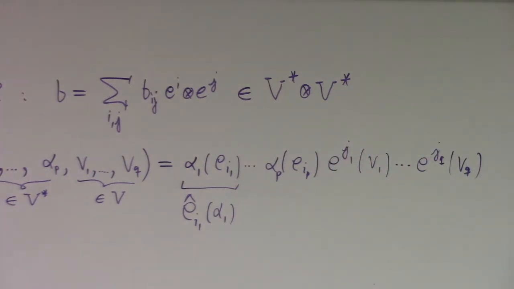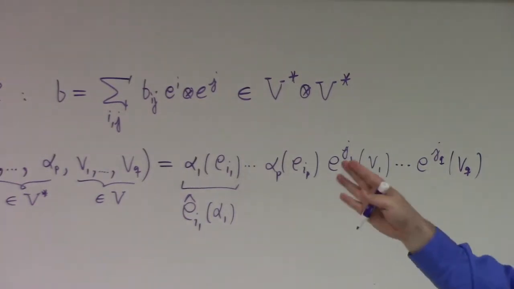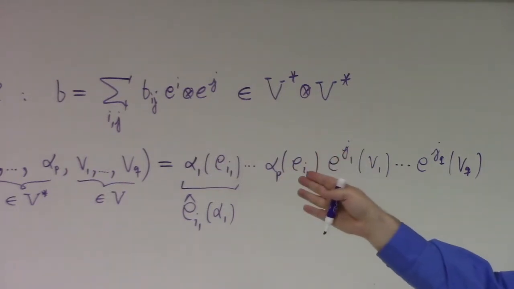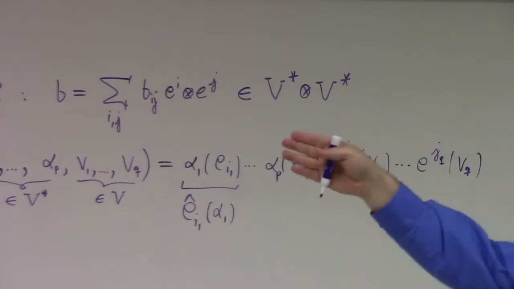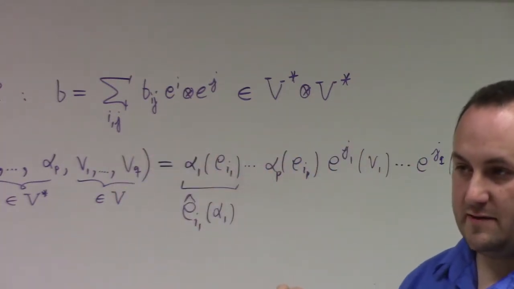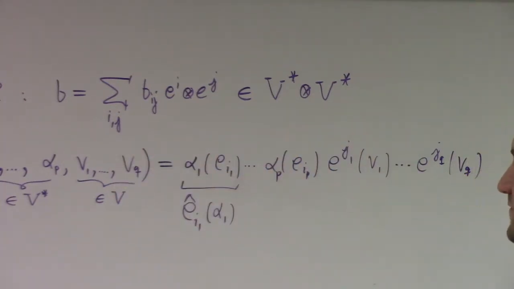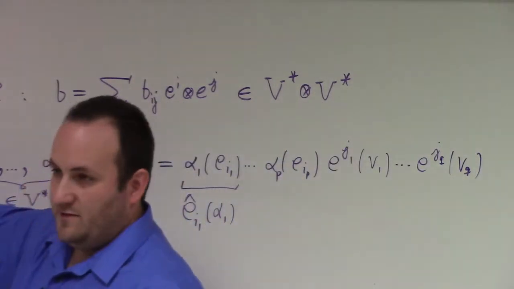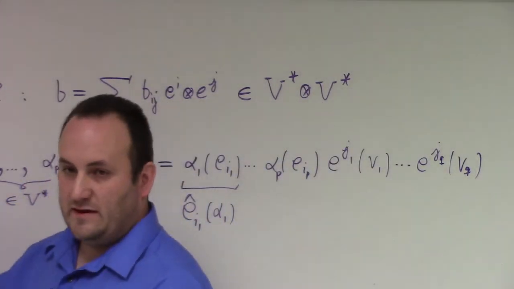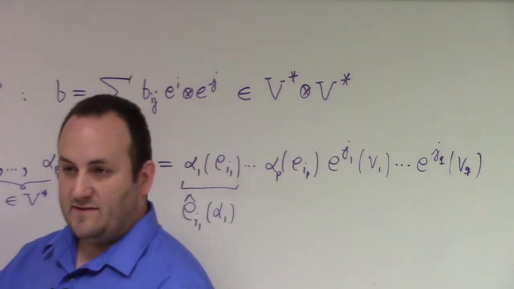Now, my big claim is that if you take the set of all such tensor products of basis elements and dual basis elements, those give you a basis for the type (p,q) tensors over V. In other words, my claim is that you can prove that if you take the set of all possible ones, they're linearly independent and they span the space.